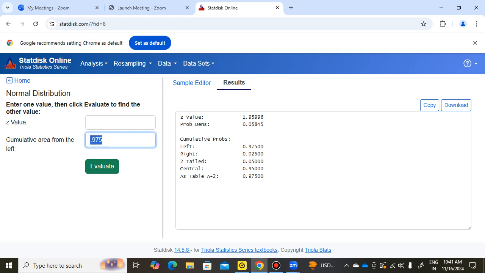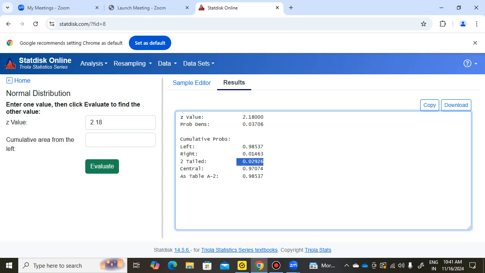And then we're going to do the area of our z-score. So we'll put in 2.18. And what we want to do is look at what's called the two-tailed percentage.